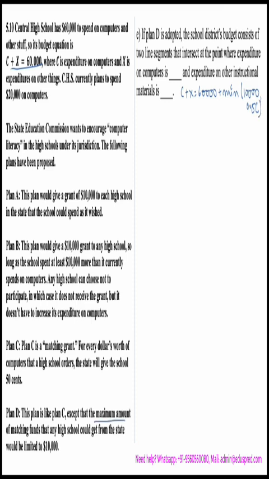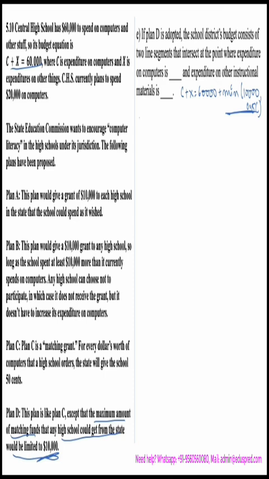Because the maximum matching fund that any school could get from the government would be 10,000. So either you could get 10,000, or if the expenditure on computers is less than that, the government would be paying you 50 cents per dollar expenditure made by the school. This minimum condition, the minimum of 10,000 and 0.5 C, gives you two scenarios.